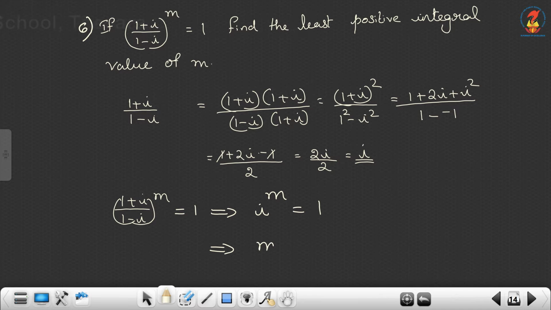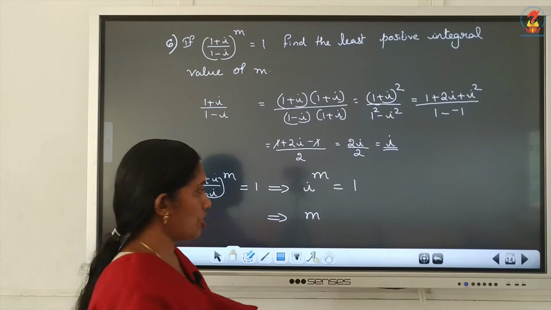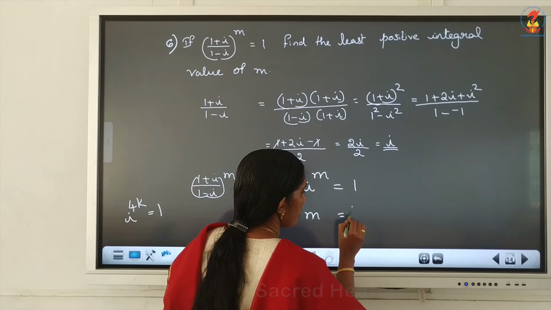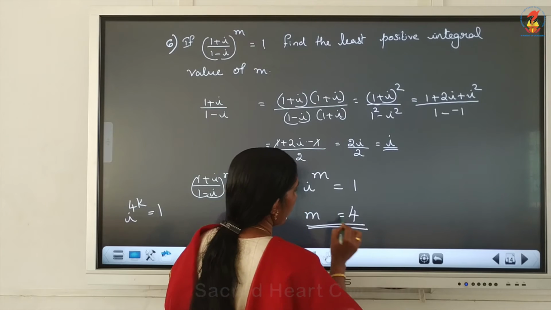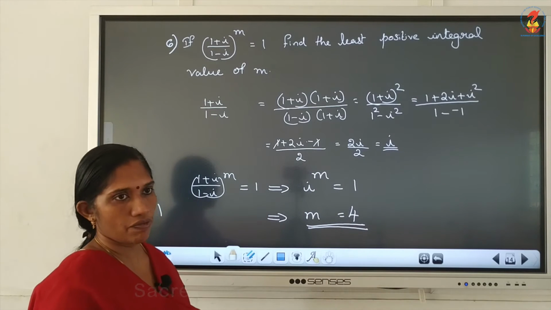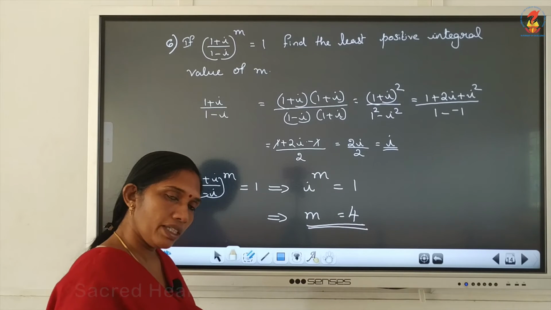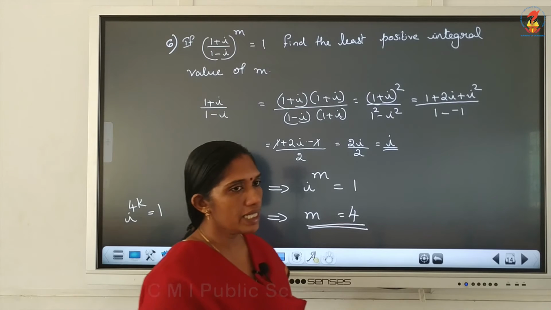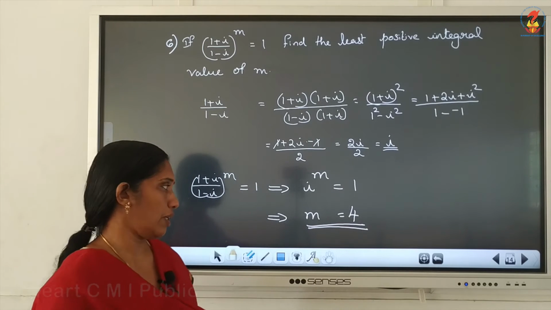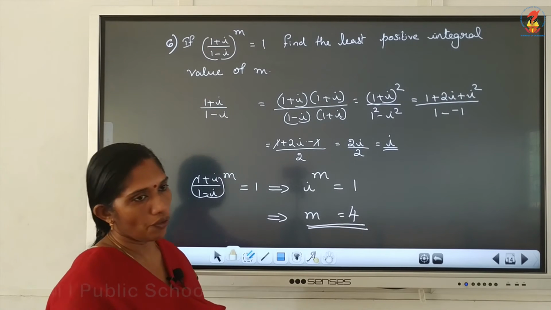We know that i raised to 4k, a multiple of 4, is always 1. So m can be 4, 8, 12, 16 and so on, and the least positive integer is m = 4. If m is 4, i⁴ is 1. i⁸ is also 1, but we have to write the least positive integral value. So, m is equal to 4.